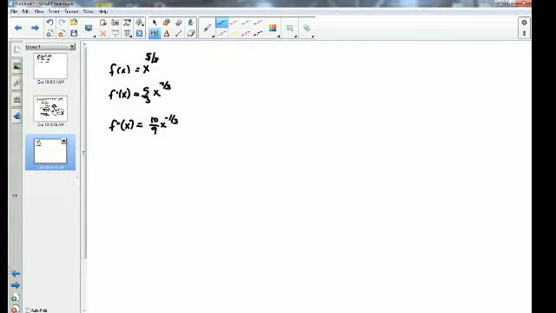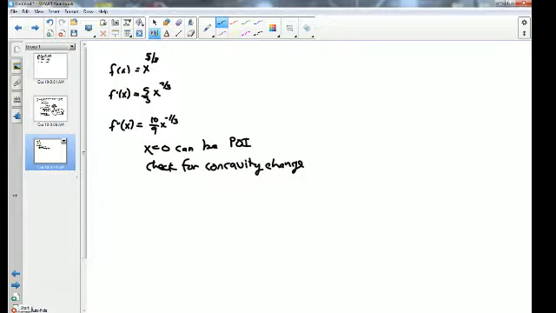But you're still going to do a sign change analysis to check for a concavity change. This can still be a point of inflection. Check for concavity change. Good enough? I see some head nods.